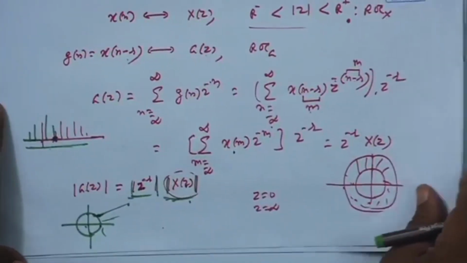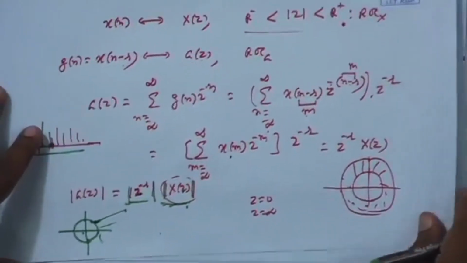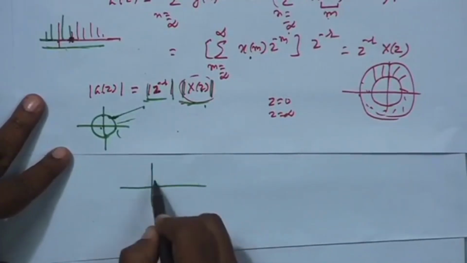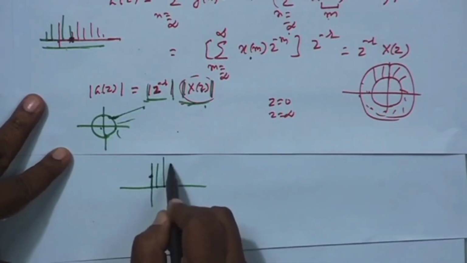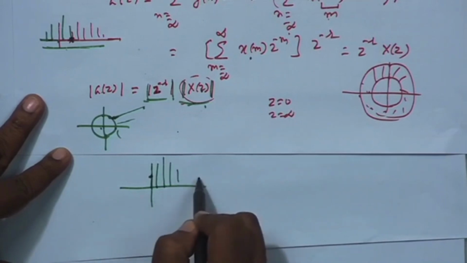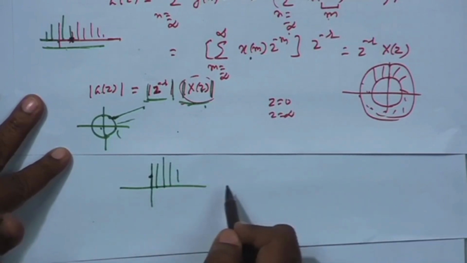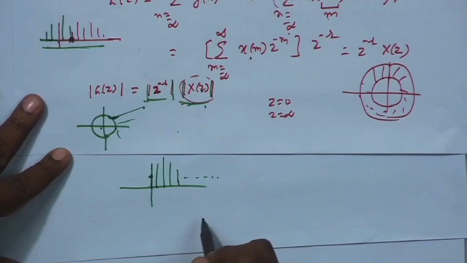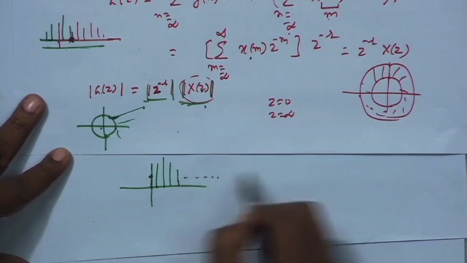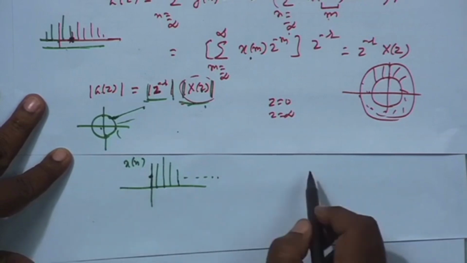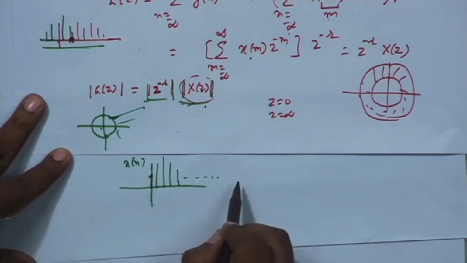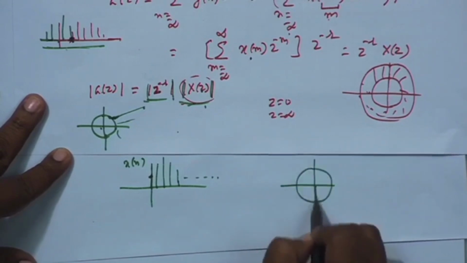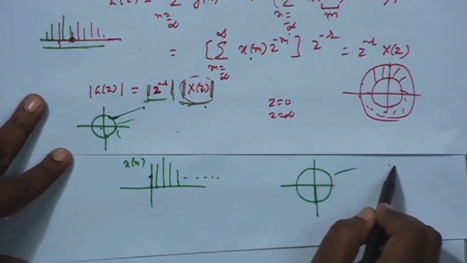But suppose we consider this case, you start like this, and this is x[n], purely right sided, but its ROC will be again outside a circle and is going up to infinity.